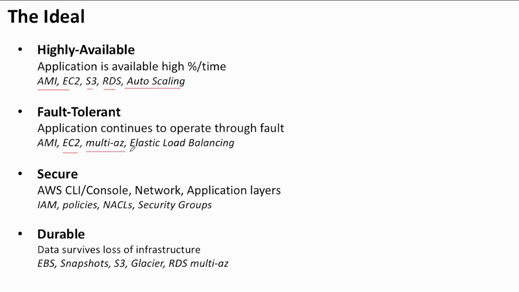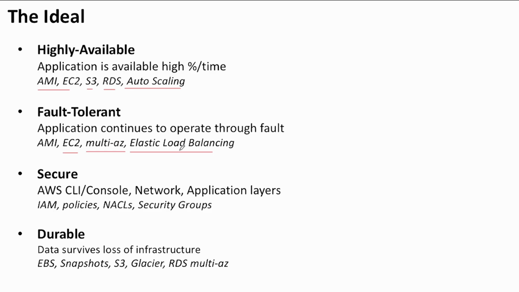We should be leveraging, in the case of applications that need to respond to TCP or HTTP type traffic, the elastic load balancer to help us achieve fault tolerance by spreading that traffic out among a number of machines, distributing that load, and that way if one fails, we still have multiple machines.